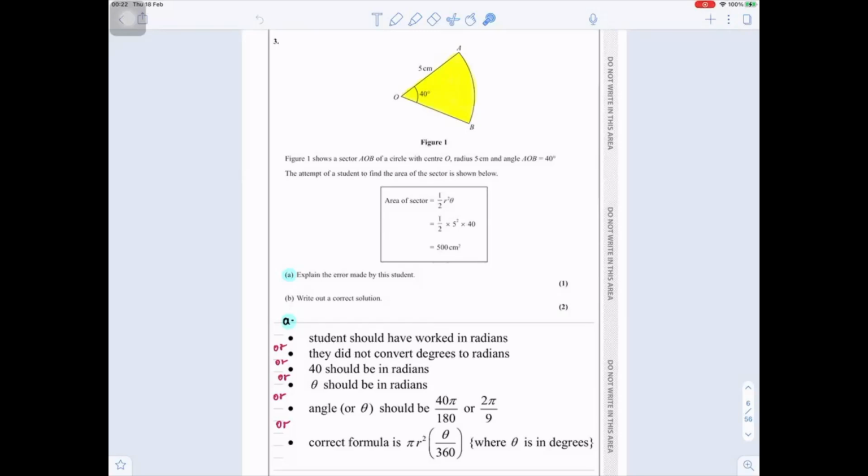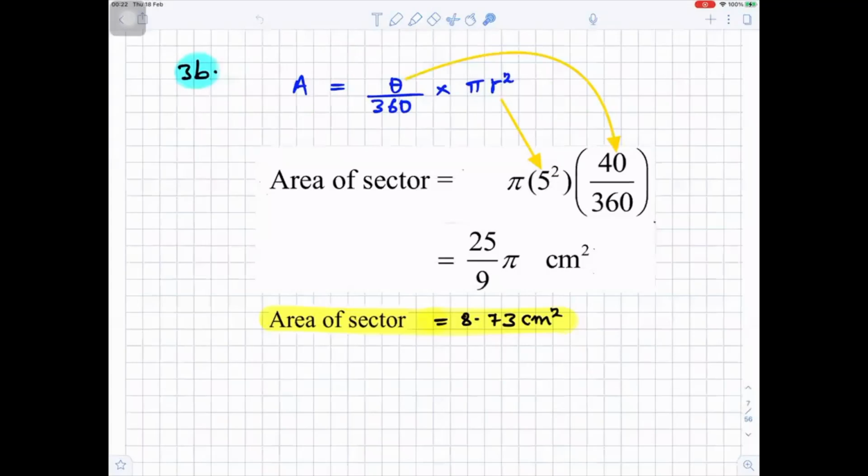Now you can use the formula. The formula is angle over 360 times pi radius squared. That's the formula you should use for finding the answer. So the student should have used radians. And this is the correct solution for 3b. Angle divided by 360 times pi r squared. That gives you the area of the sector.